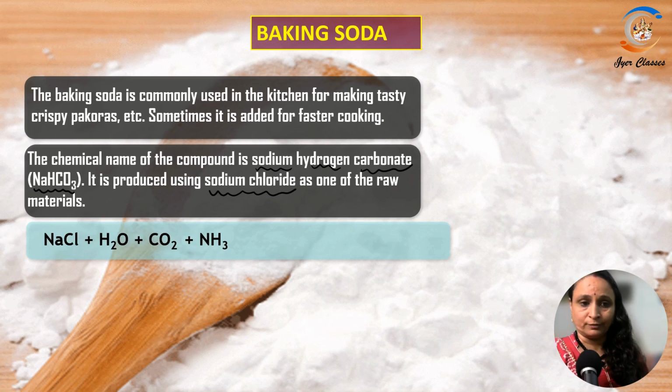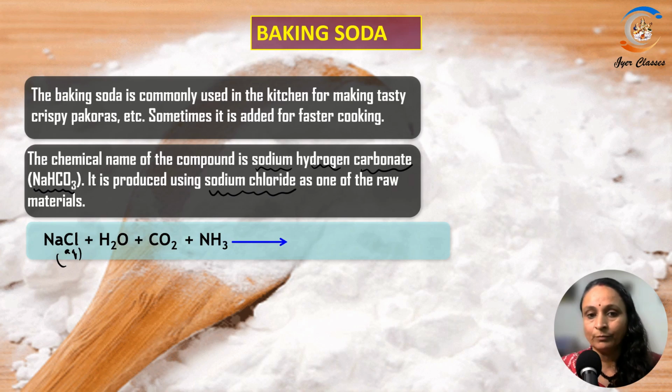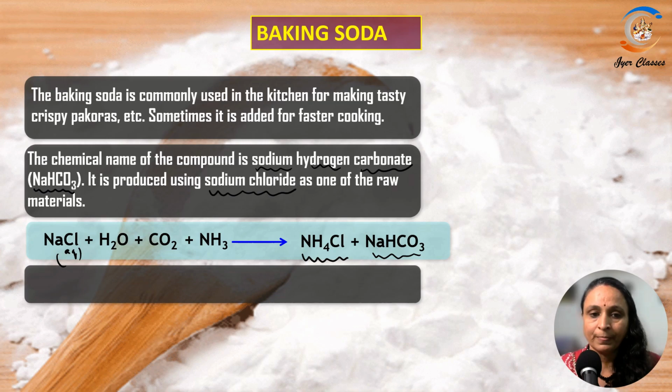What is the reaction? So the reaction is we have to take NaCl in the aqueous form, mix it with water, pass carbon dioxide and ammonia. So one of the raw materials is ammonia. Now what is the reaction? NaCl and water, carbon dioxide and ammonia will react together to give you ammonium chloride and baking soda, right?